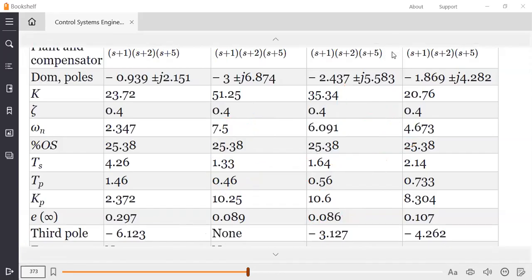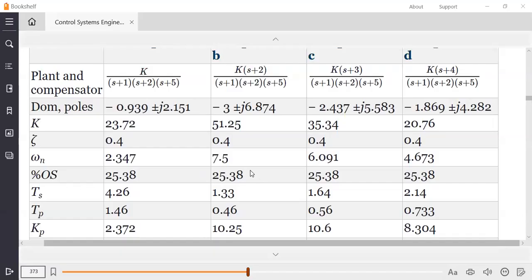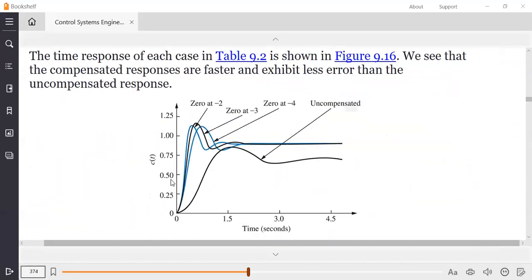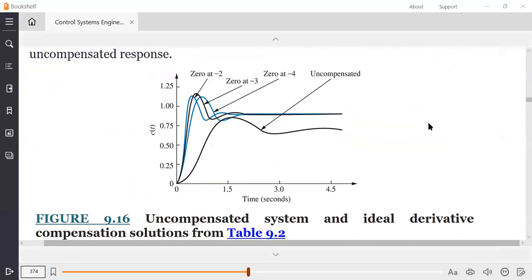Okay, so we have just seen how we can introduce a zero in different locations, and based on that how your root locus changes. Now have a look at their responses as well. Their response is something like this.